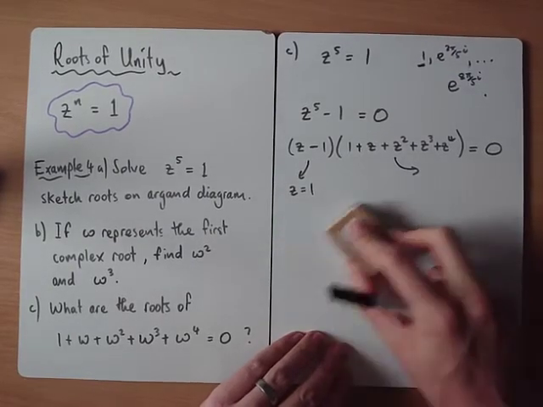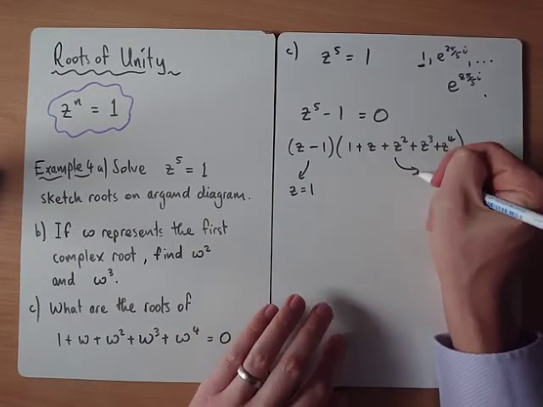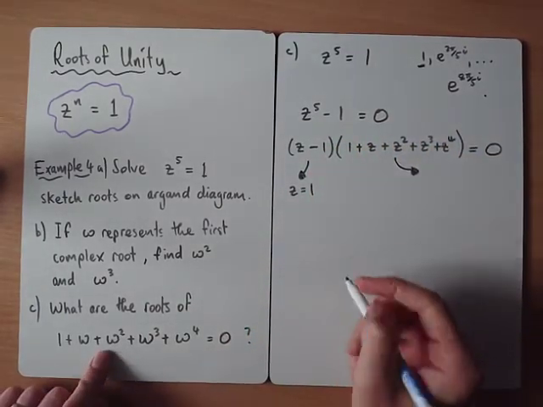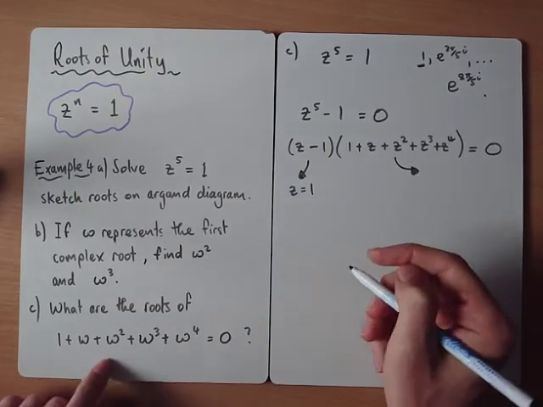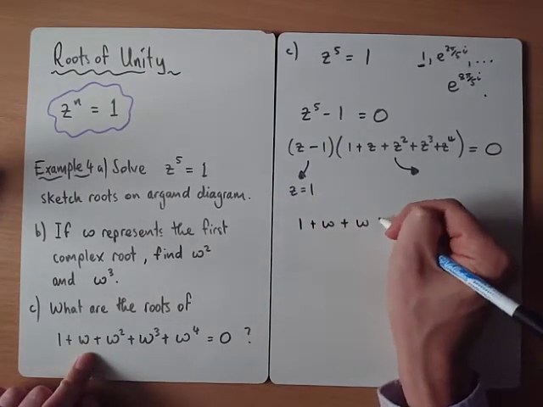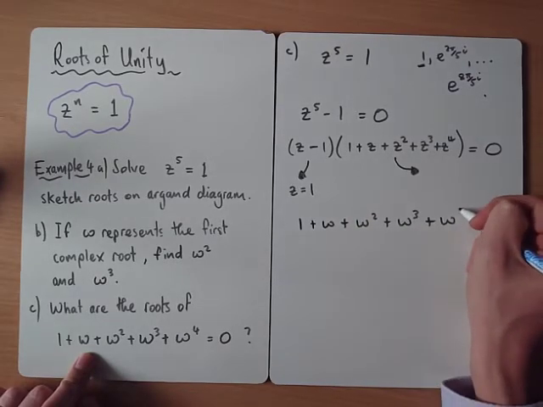But probably a neater way of thinking about it, and considering what's going to come next, like the next topic, is if we focus on this actual question that we're being asked about: 1 plus omega plus omega squared plus omega cubed plus omega to the 4.